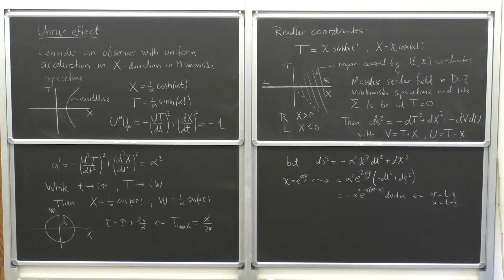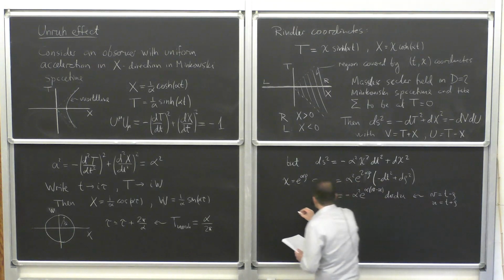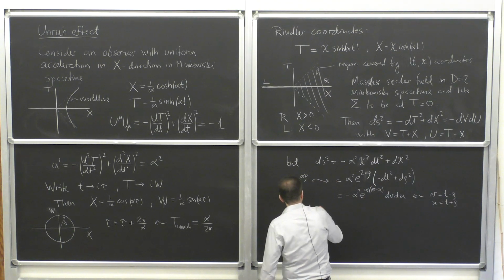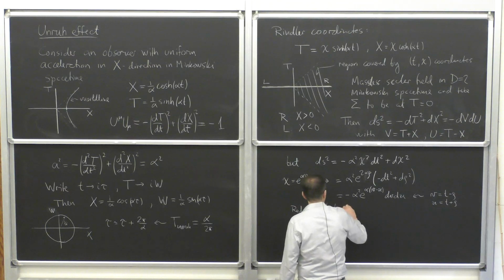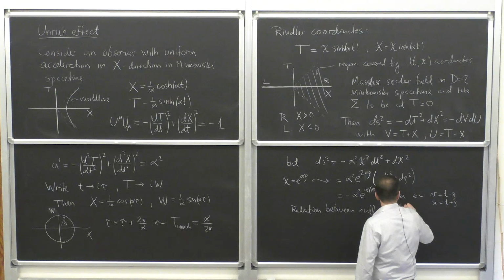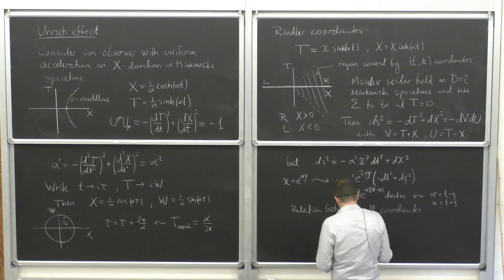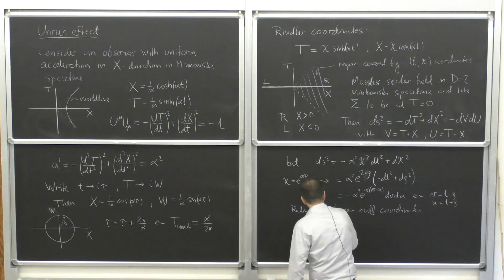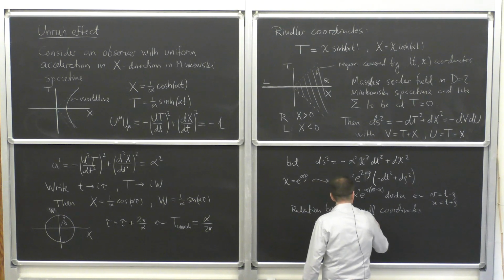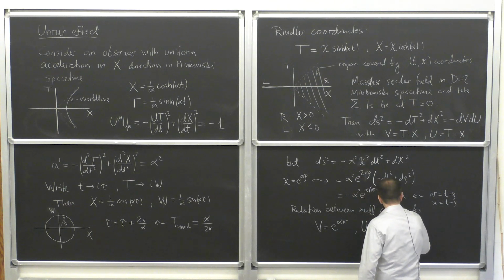And now I can immediately read off the relation between these null coordinates. I see that capital V is e to the alpha times lowercase v, and capital U is minus e to the minus alpha times lowercase u.